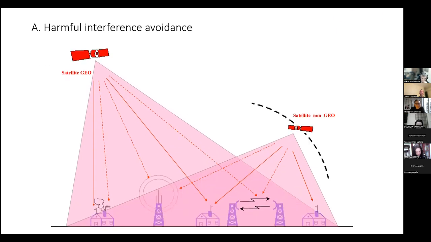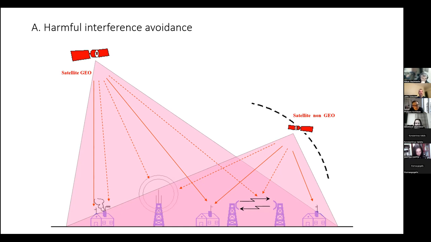So in this case, you have two satellites, one located on the geostationary satellite orbit, and the other one a non-geosat. And the two satellites are providing telecommunication services on Earth. You see that they can, at the same time, provide services, but also jam other services.